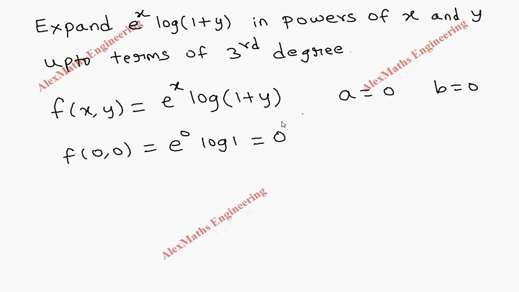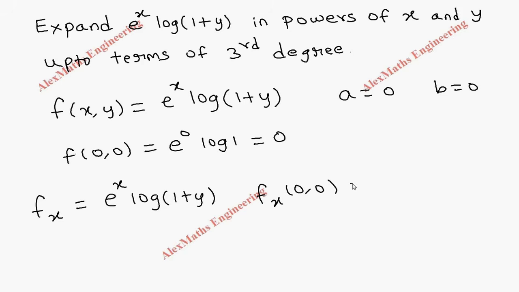Now let's find the derivative fx, partial differentiation with respect to x. So e power x will be e power x only, and log 1 plus y is constant, so we will write it as it is. Now for fx, we have to put 0 comma 0 for x and y. So once again it is the same term, so it will be 0. Now let's find fxx.